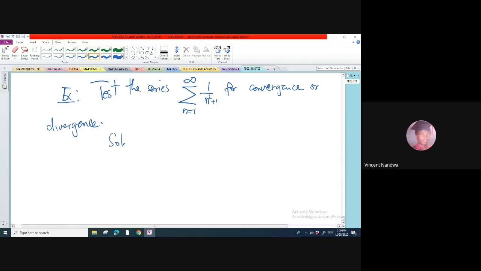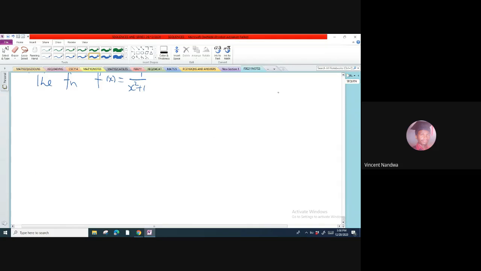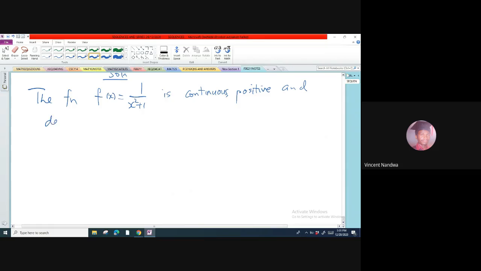So solution: the function is continuous, positive and decreasing on this interval 1 to positive infinity.